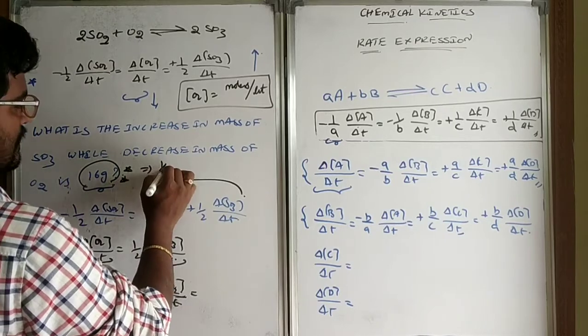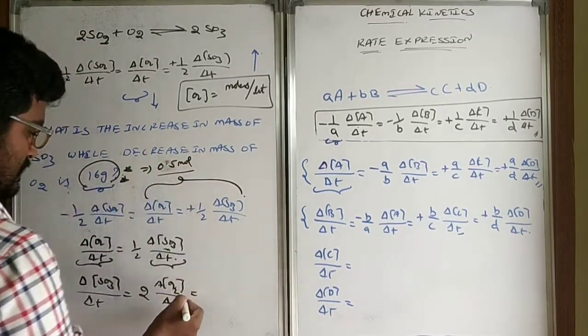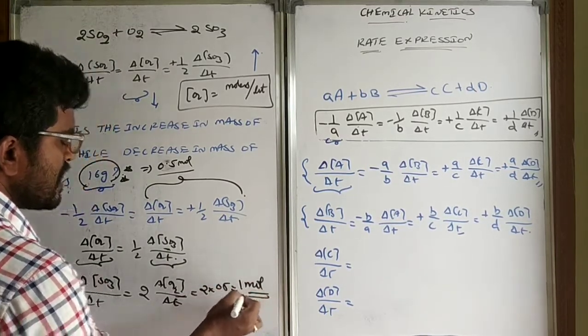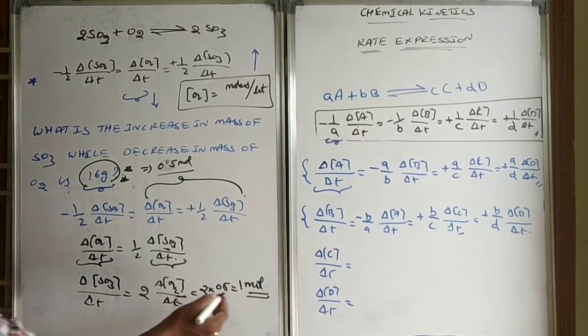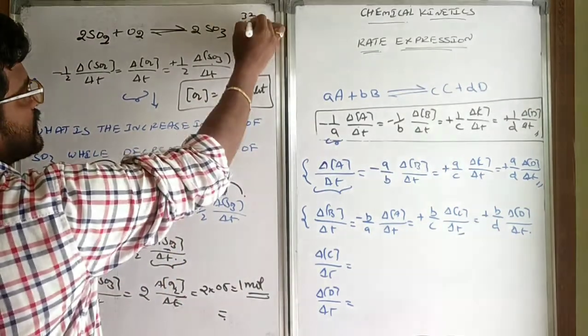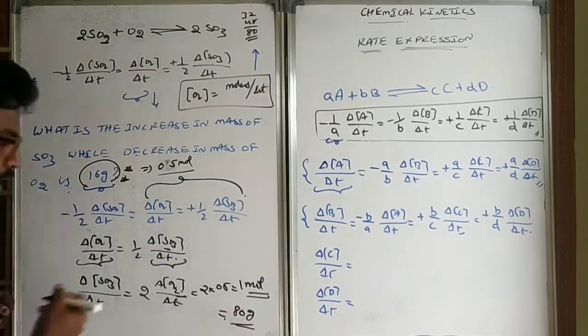So 16 grams means 0.5 moles. So 2 into 0.5 gives 1 mole. 1 mole of SO3, that is 32 plus 48, 80, so 80 grams will increase.